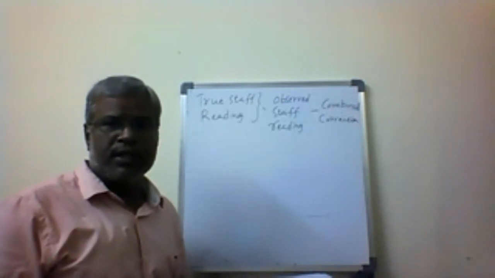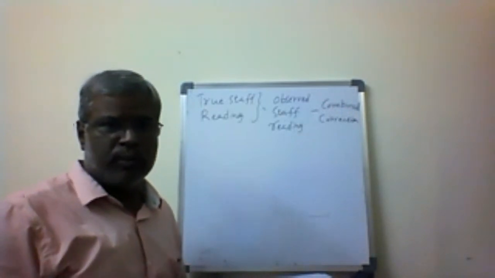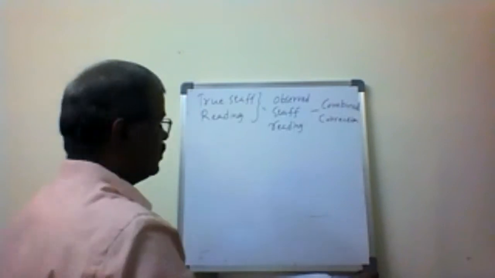The true staff reading is the observed staff reading minus the combined correction, which is going to give us the true staff reading.